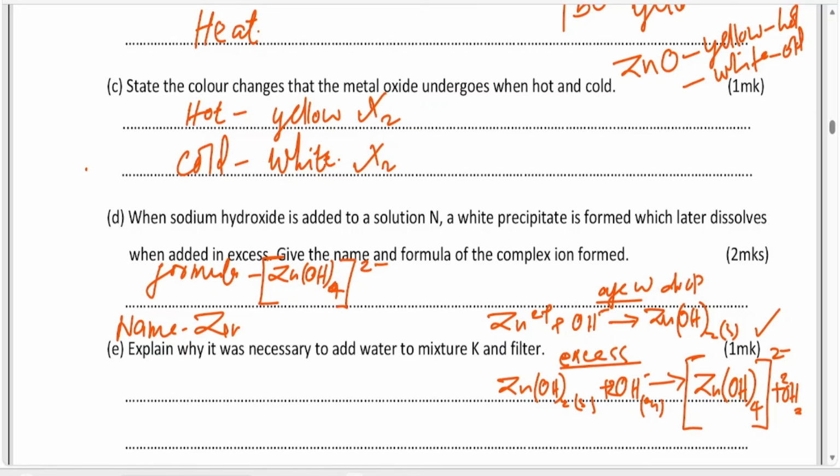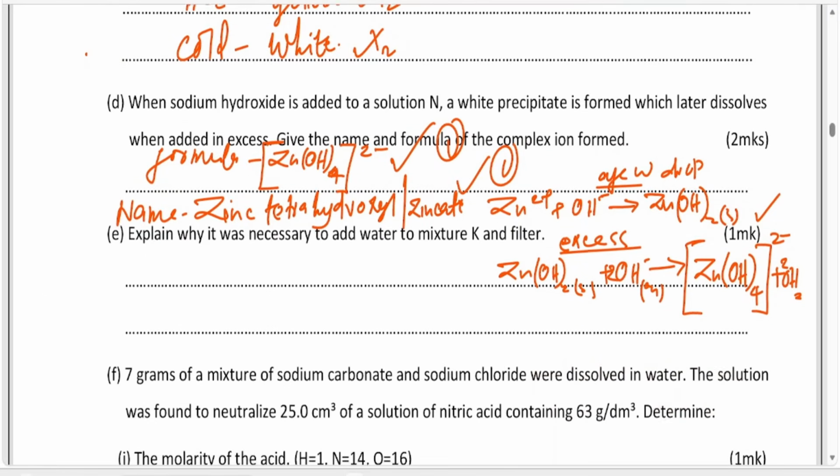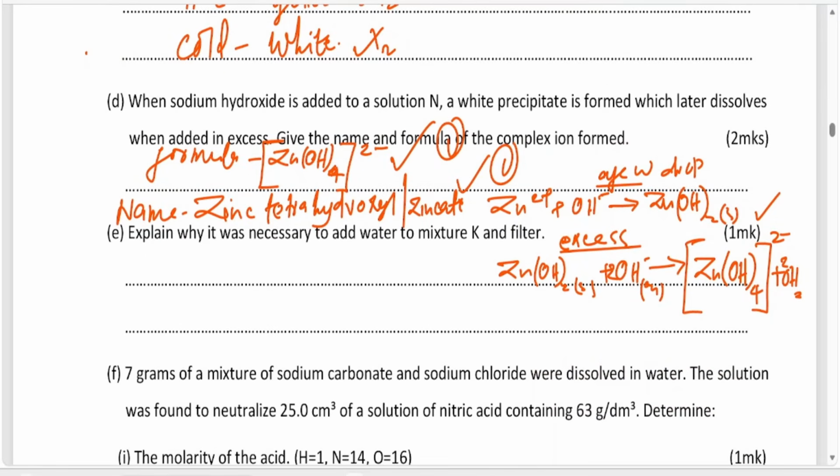It's the official IUPAC name, zinc tetrahydroxyl. You can also call it zincate. So the formula is 1 mark, and the name is 1 mark. Moving to the next question.